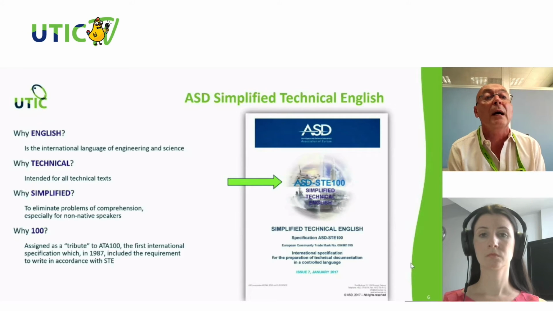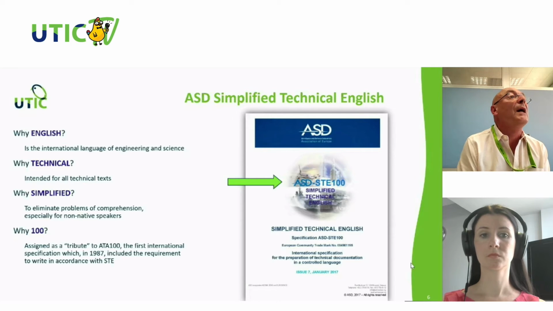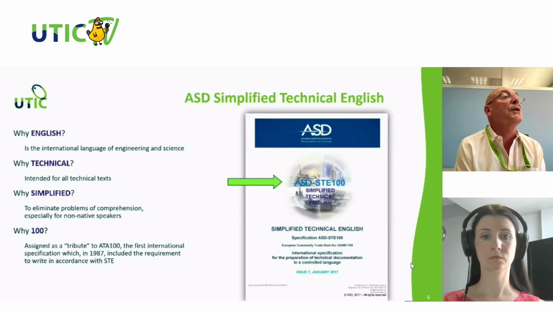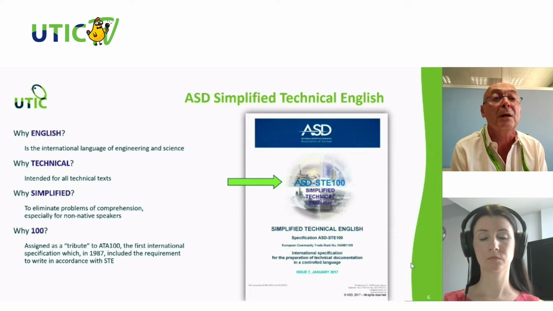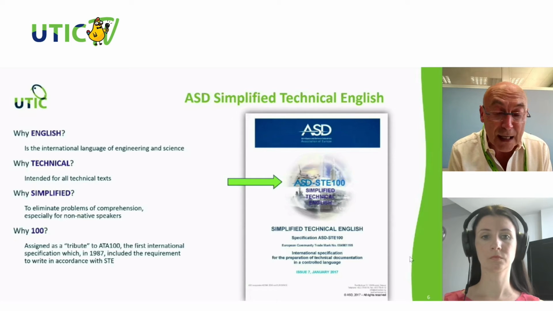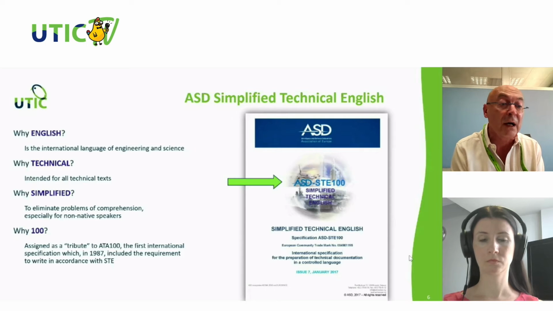STE, Simplified Technical English. Simplified is intended to simplify the language, especially for non-native speakers. Technical because it is intended for technical text, and English because English is the international language of engineering and science.